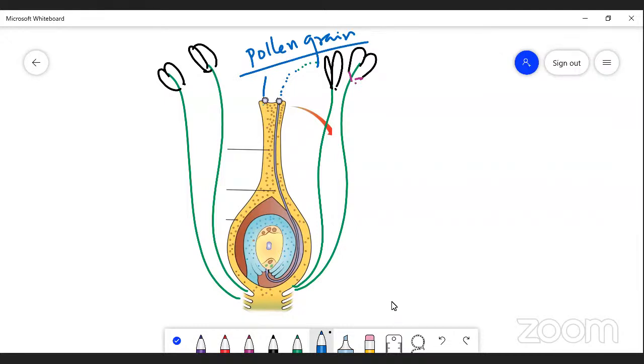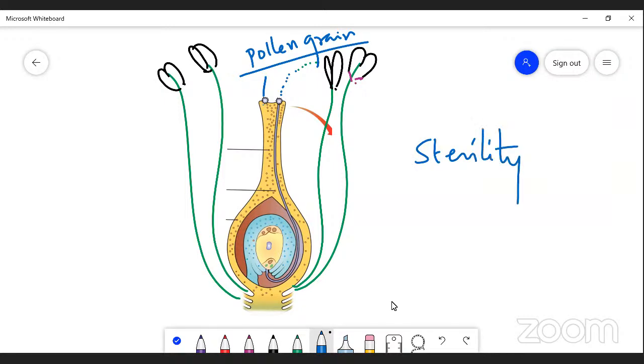Some pollen grains may not germinate when they are sitting on the stigmatic region due to self-sterility. There are some pollen grains which are unable to germinate and form a pollen tube. Such a condition is called self-sterility.